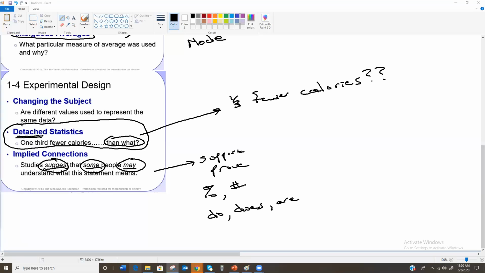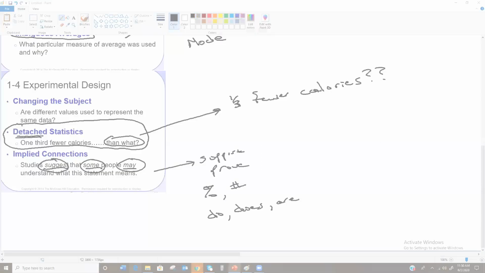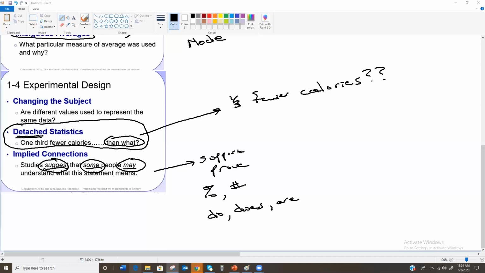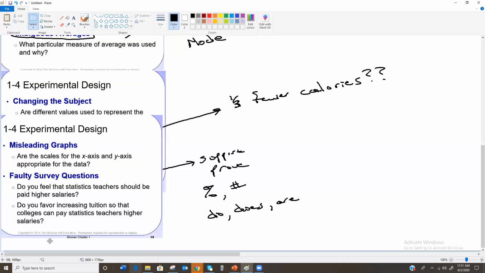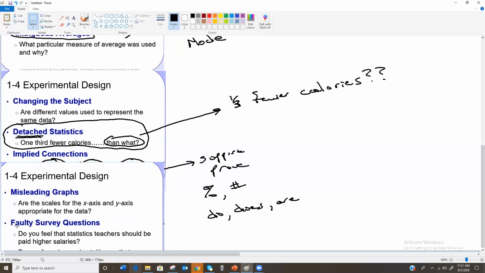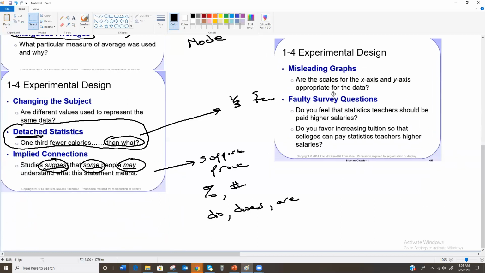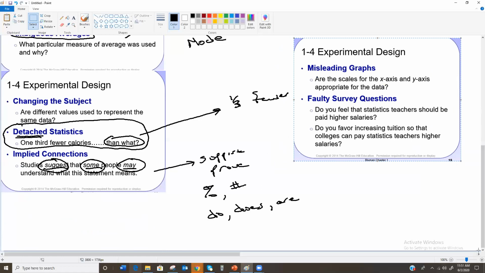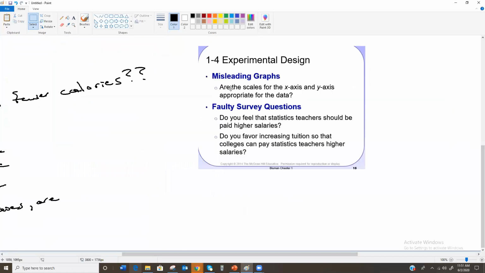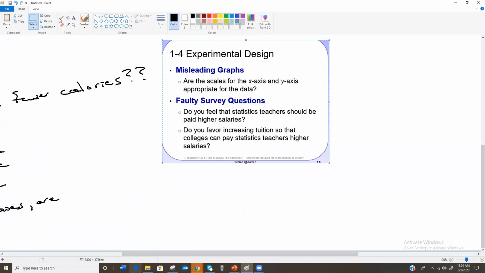I wanted to talk about the suspect samples, one other common thing with the suspect samples too. We'll go back to it in just a second, but let's talk about the misleading graphs. That's when you have things on the graph that are not appropriate.